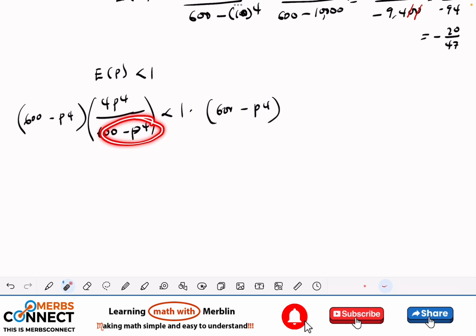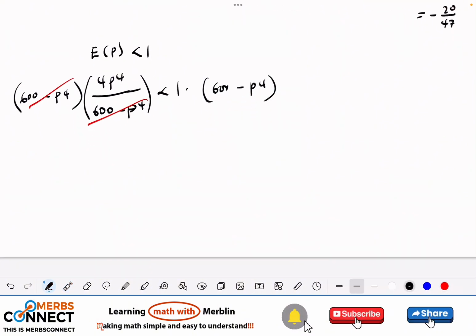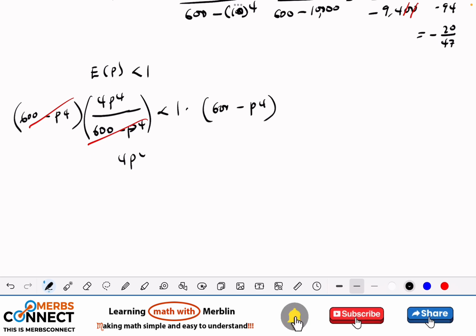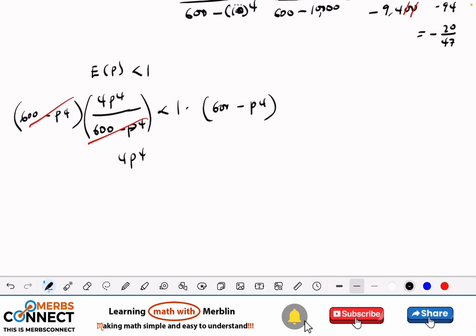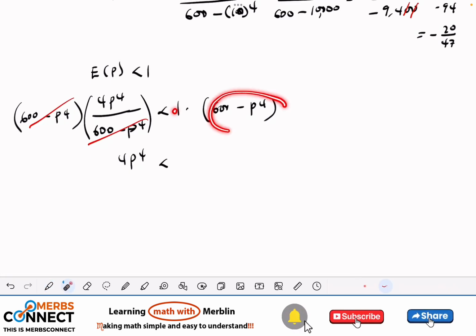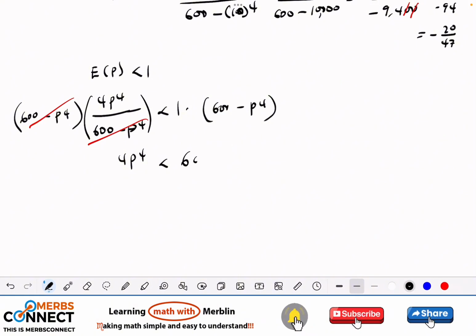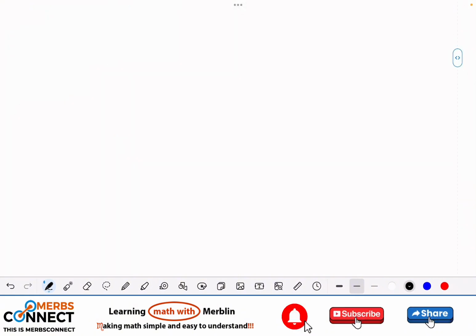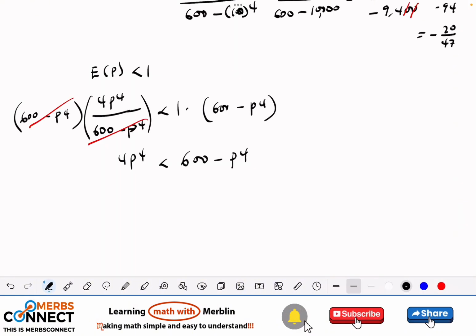I want to cancel the denominator, so I pick the denominator to multiply this, right? So now when I do that, this will cancel this. So what will be left on the top? 4P to the power 4 less than the one I multiply 1 by this, I get the same thing, 600 minus 4P.